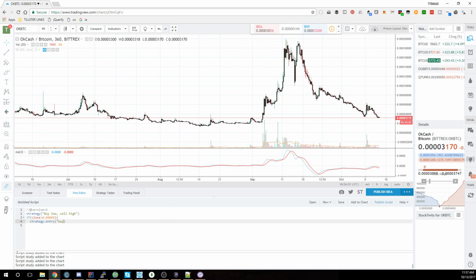I'm going to buy. I'm going to take a long position with 10 coins, but I only want to do this when my strategy position size is less than or equal to 0.